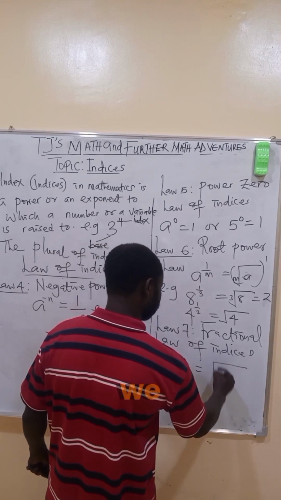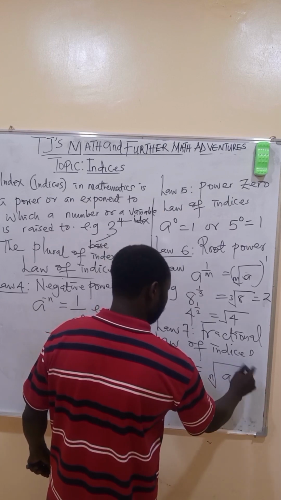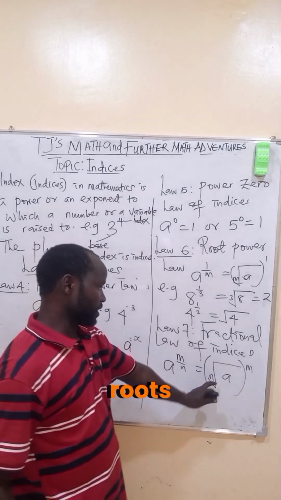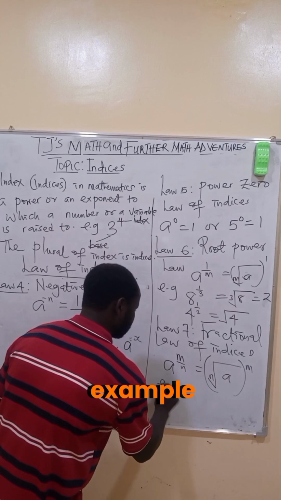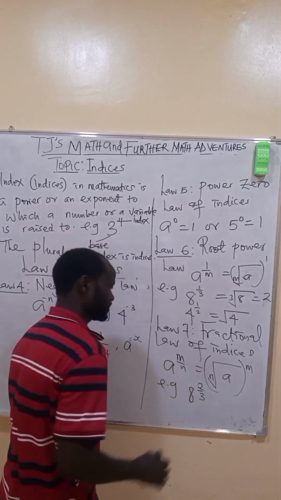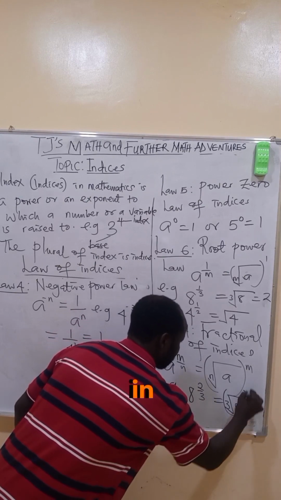This is the same as taking the root n of a, all in power m. Let's look at an example, e.g., let's say we have 8 power 2 over 3. This is the same as taking the cube root of 8 all in power 2.